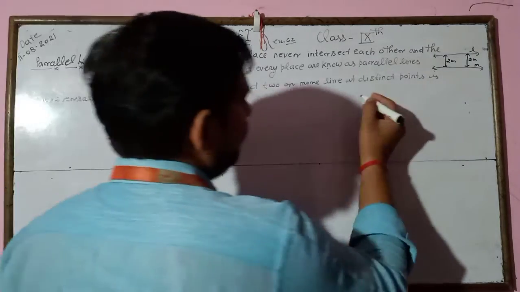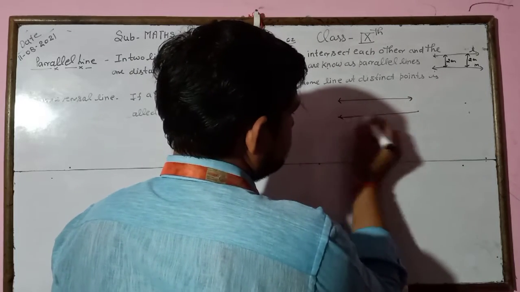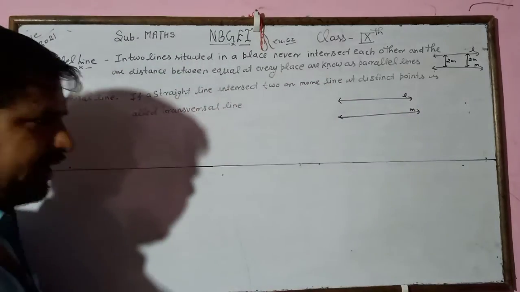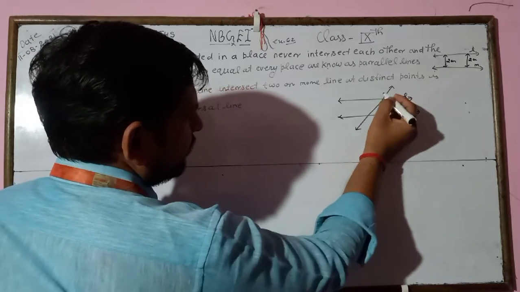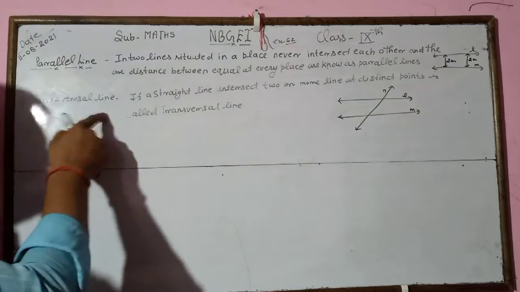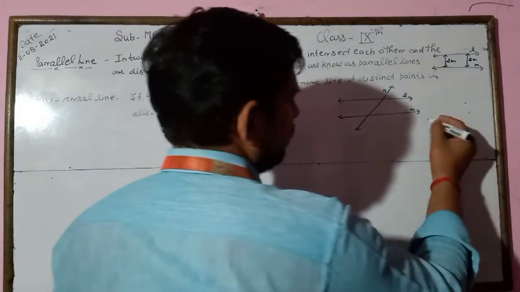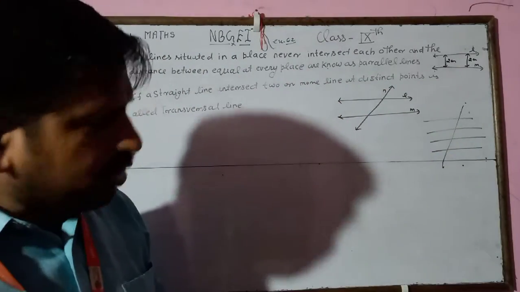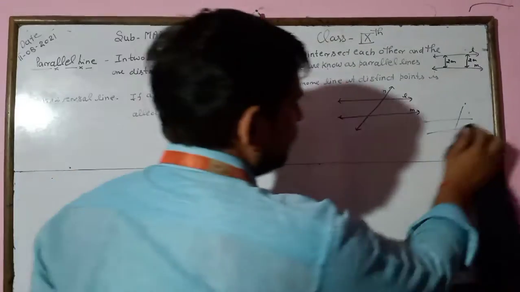Suppose two lines are given, line L and line M, and a third line intersects them; its name is N. N is the transversal line. This line is the transversal line. Okay, clear?